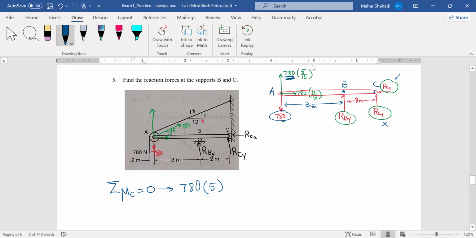And then I have here 780, it's going to go clockwise. So it's minus 780 times 5 over 13, that's the force, times the distance, it's 5. So if you factor out the 5, you get 780 times 1 minus 5 over 13, or 8 over 13. So you could have done it here and reduced this.